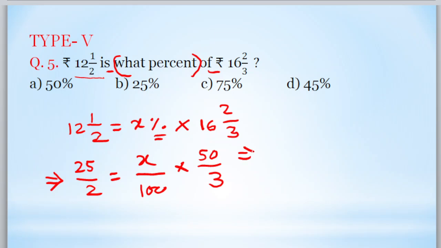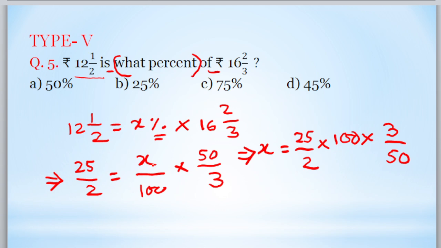This implies x is equal to 25 by 2 into 100 into 3 by 50.